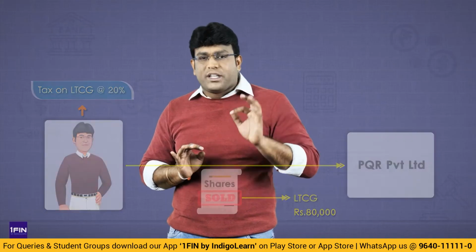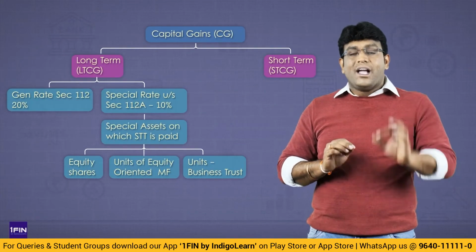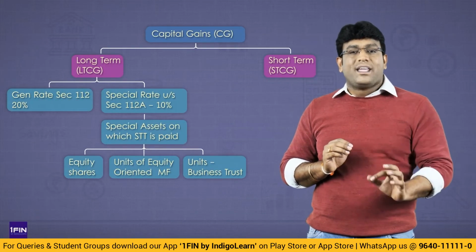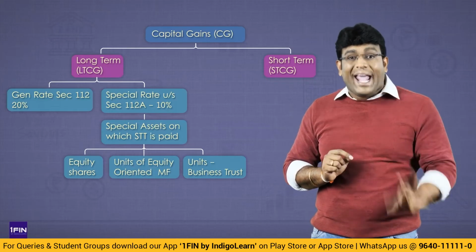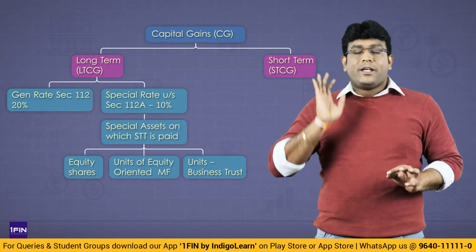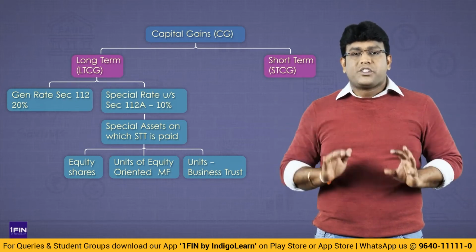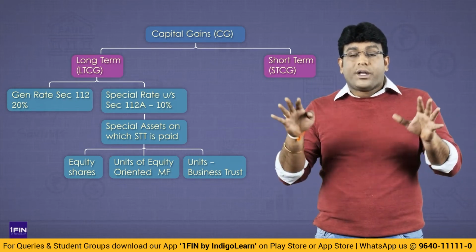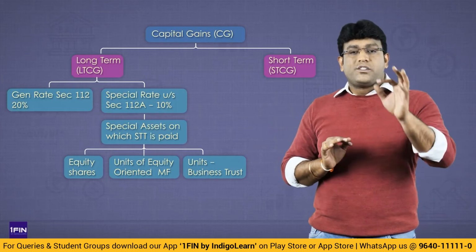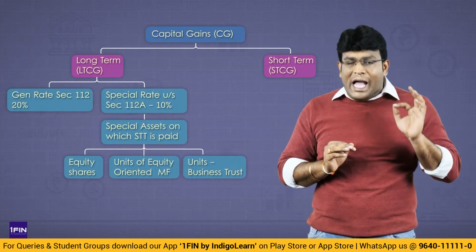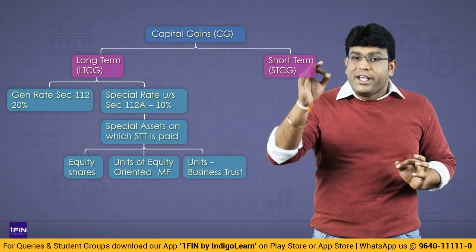So the story of 10%, the story of 1 lakh will come into picture only in case of section 112A. And 112A will come into picture only in case of long-term capital gains on sale of equity shares or units of equity-oriented mutual fund or units of business trust through recognized stock exchange on which STT is paid.